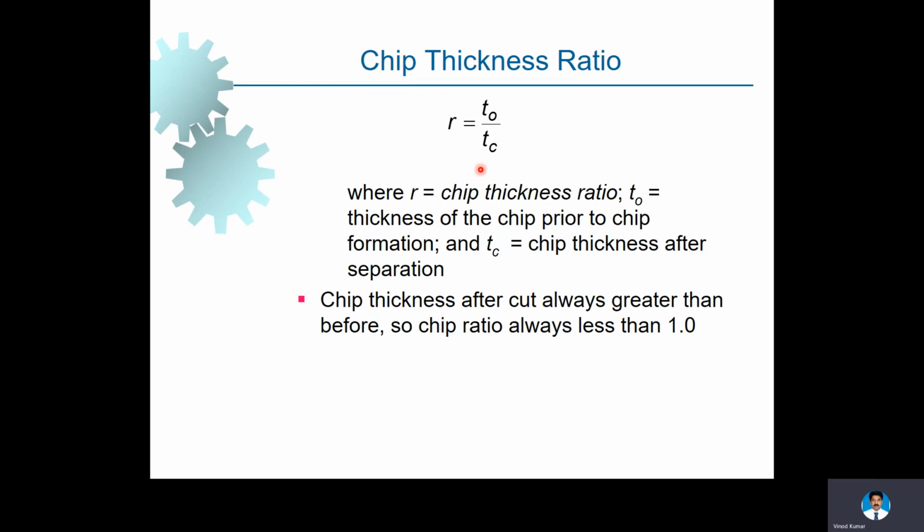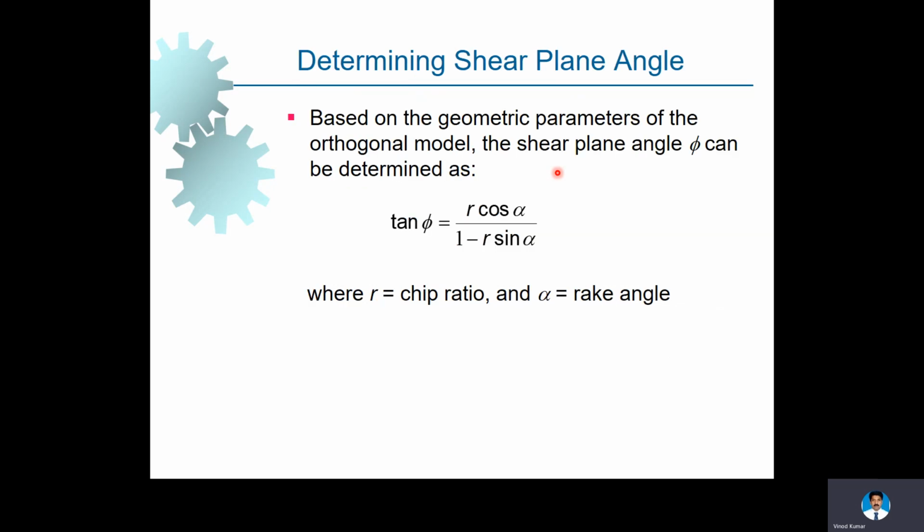Hence, the chip thickness ratio is usually greater than 1. So this is all about chip thickness ratio: the ratio of the thickness of the chip before to the thickness after the cut.